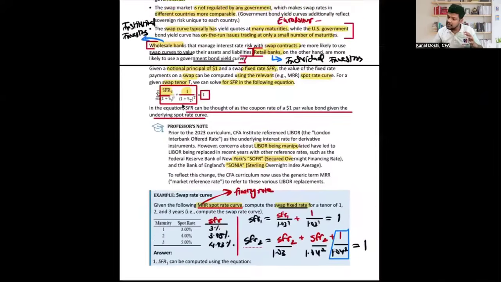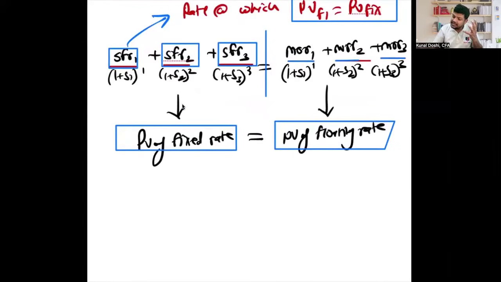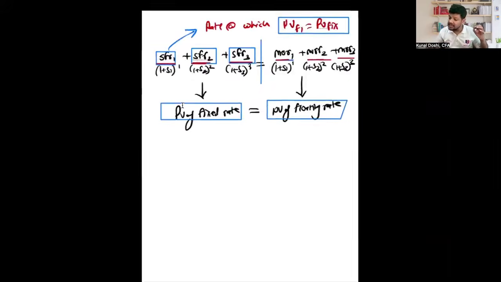Now, if you notice here, in swaps, the fixed rate payoff and the floating rate payoff are all discounted by the spot rate. So if I have the spot rate for each period, what I can derive is the swap fixed rate for each period. Are you getting my point? Same as what we did for the par rate. So we can actually derive swap rates: the 1-year swap rate, 2-year swap rate, 3-year swap rate.